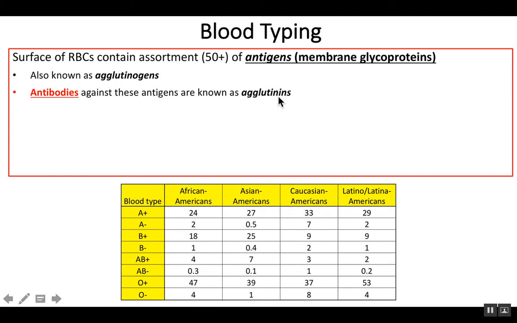Again, I don't call them agglutinins, I will be calling them antibodies. We must understand the difference between antigens and antibodies before we go any further in our discussion. Again, antigens are found on the surface of red blood cells. Antibodies are defense mechanisms. They are proteins produced to get rid of foreign things from the body.